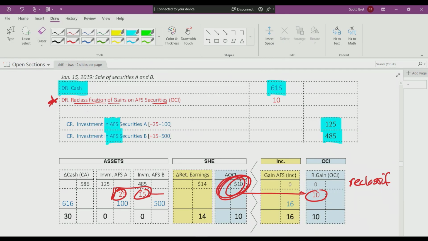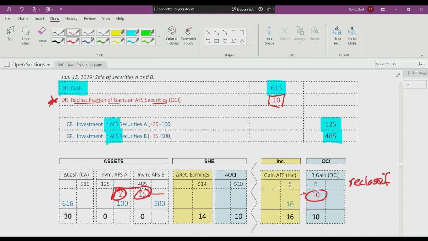If we're going to make changes to retained earnings or AOCI, for control reasons, we're going to use the income statement. So we have this debit reclassification of gain AOCI, which will eventually end up removing that $10 from AOCI, but not yet.